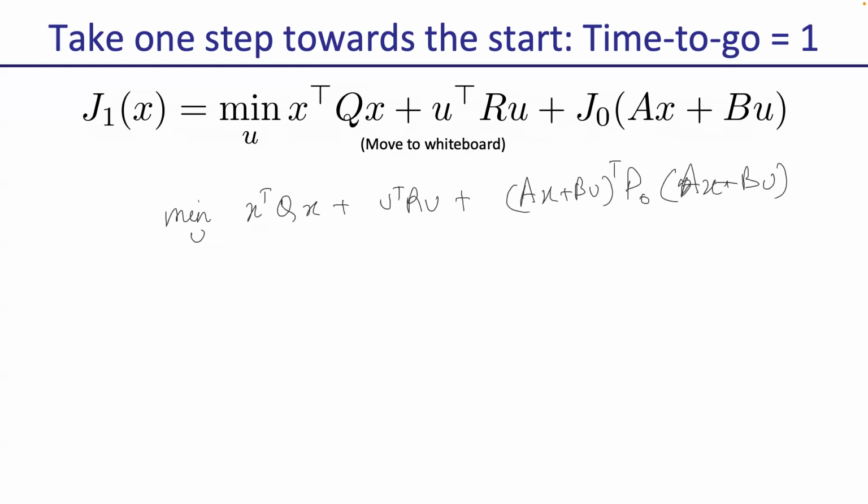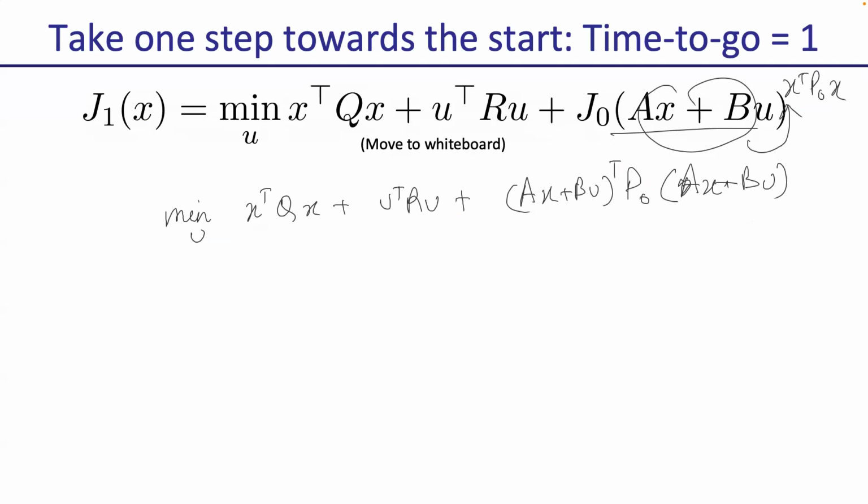All we did is we said that J naught was X transpose P naught X, and we substituted AX plus BU in place of X, right? That makes sense? We had a definition for J naught. We just substituted what J naught is into this equation.